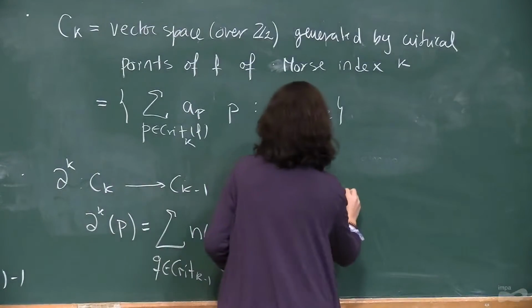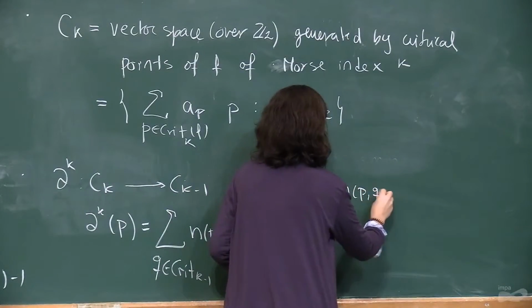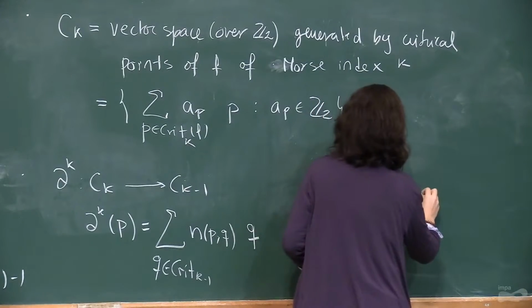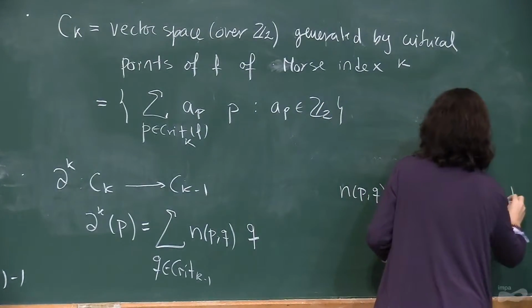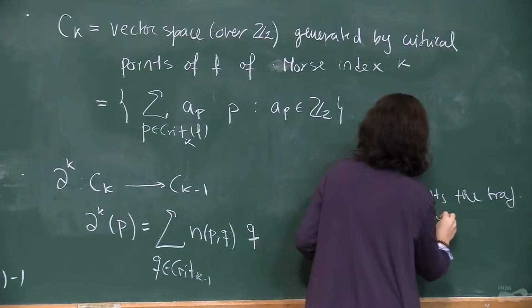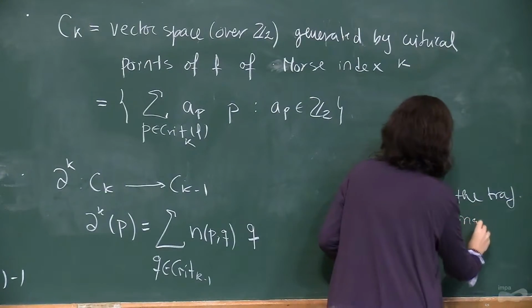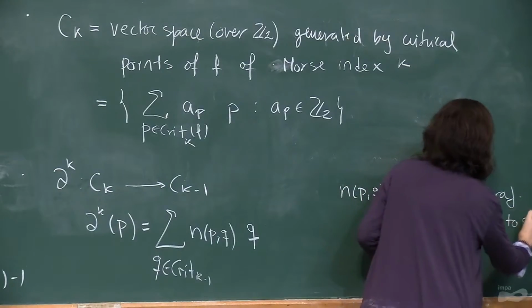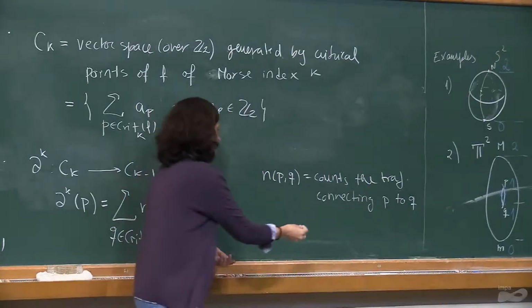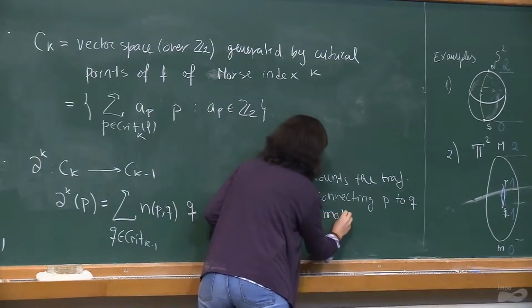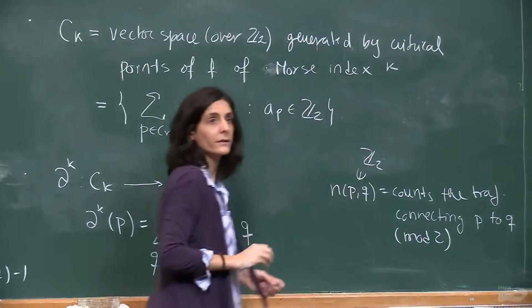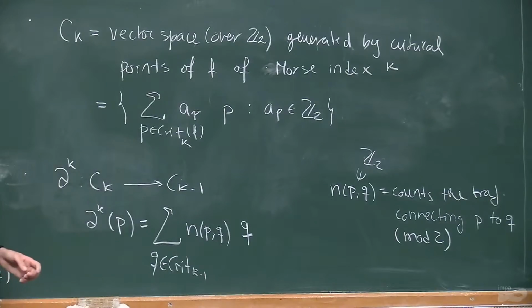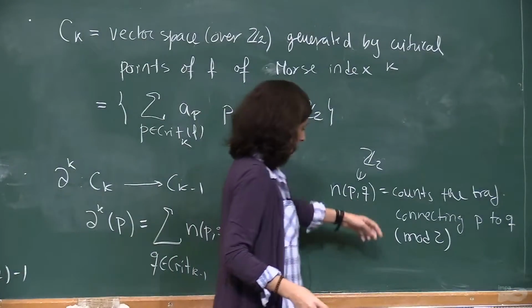Okay? So this N_PQ counts the trajectories connecting P to Q. But it counts mod 2. So this is in fact in Z2. So how do we do this of counting these trajectories?